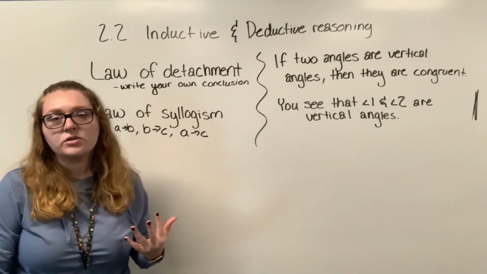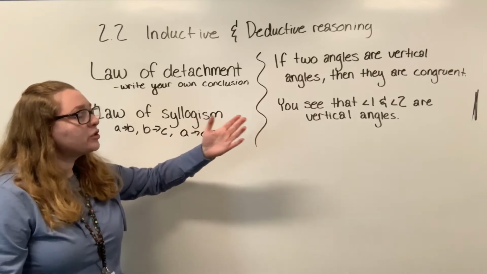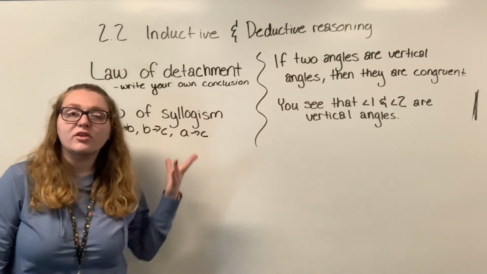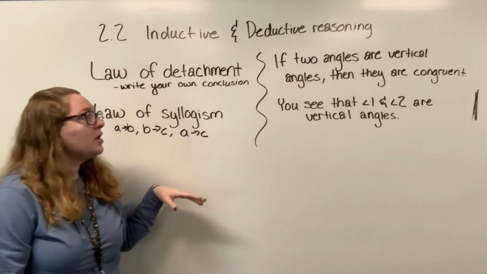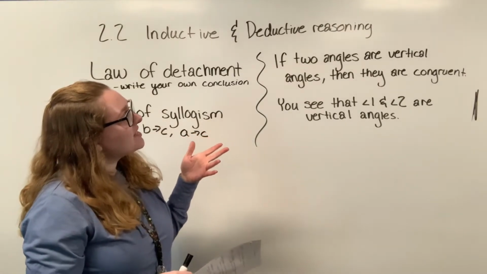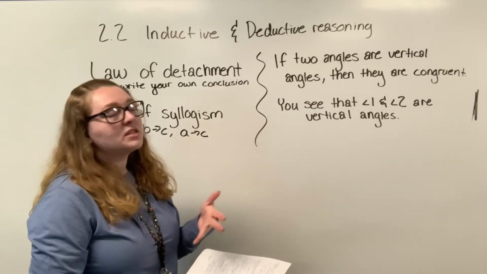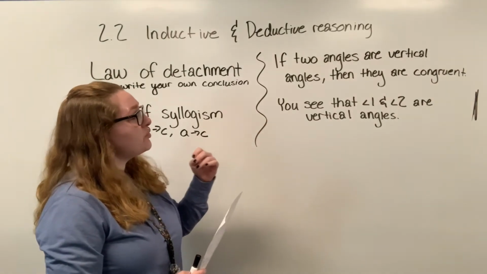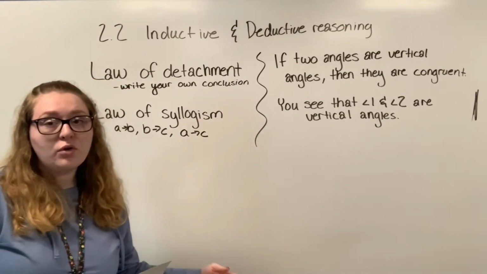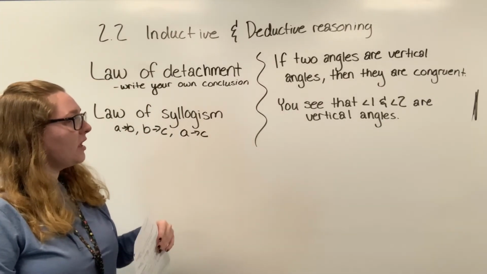All right, so let's do an example. Over here I have two statements, and we have to pick whether these lead to a law of detachment or a law of syllogism, okay? So the first statement says that if two angles are vertical angles, then they are congruent. And the second statement says you see that angle 1 and angle 2 are vertical angles, okay?